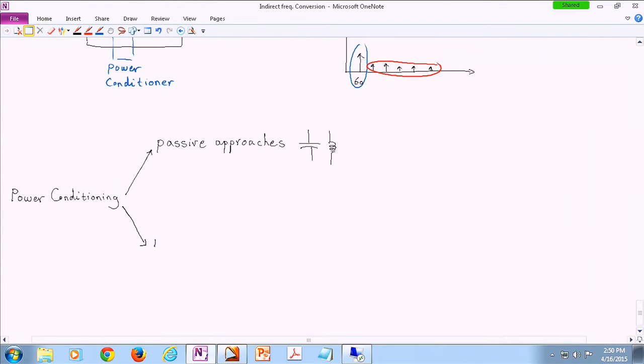The second approach that power electronics actually offers is active approaches. Active means there is some sort of a switch in your system. Then you can subcategorize that into active filters or power factor correctors.